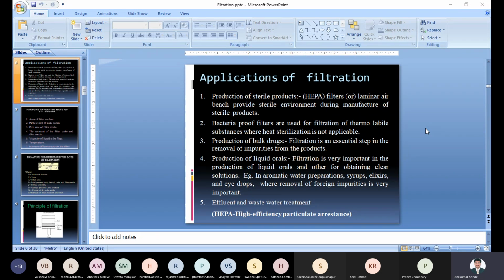HEPA stands for high efficiency particulate air, removing particulate matter. In the HEPA filter we can use a membrane filter, right? The pore size of the membrane filter is not more than 0.5 micron, so it removes the particulate matter from the air, right?